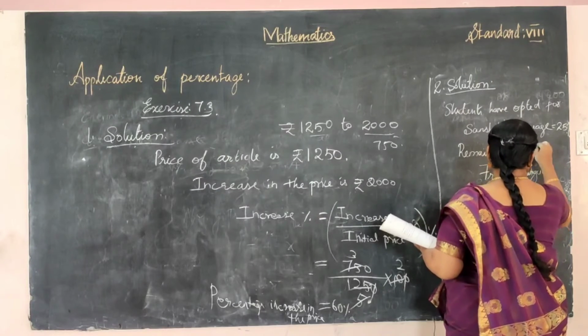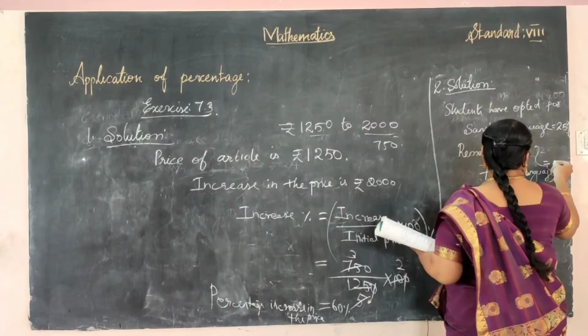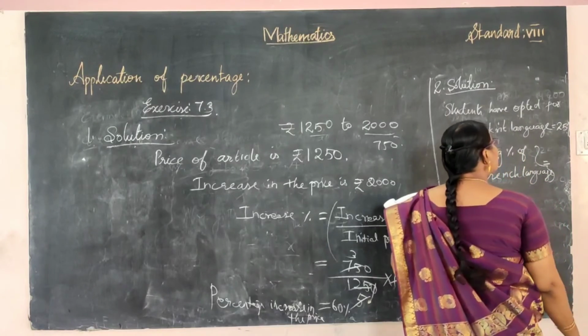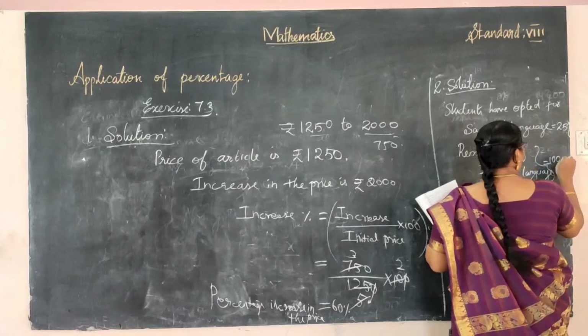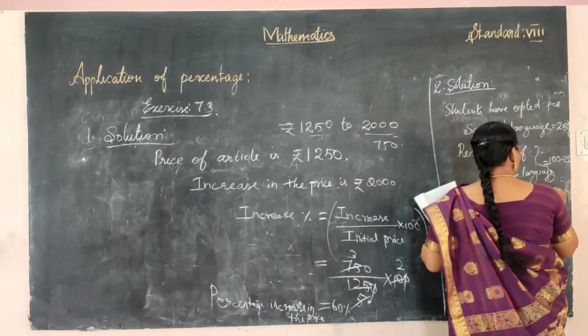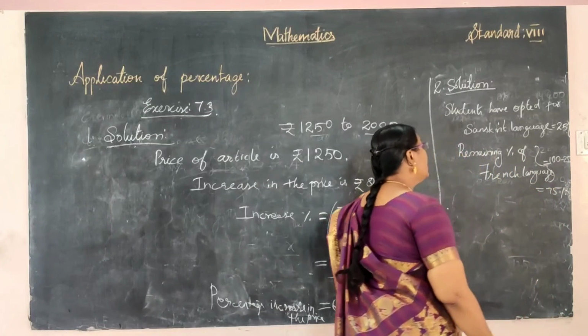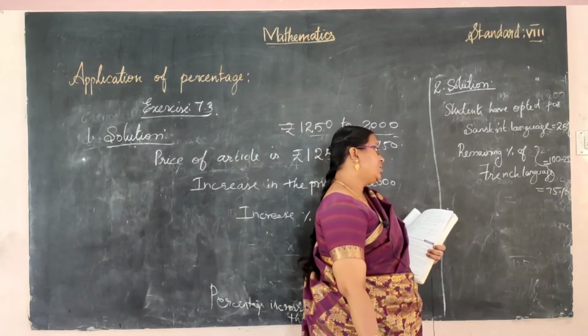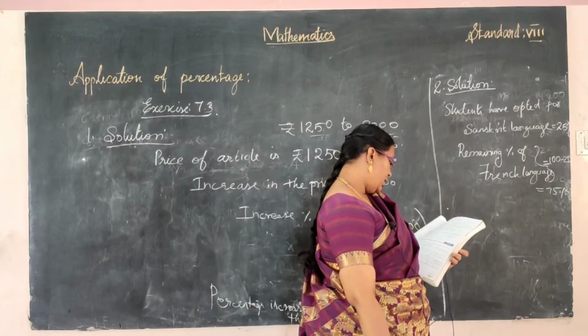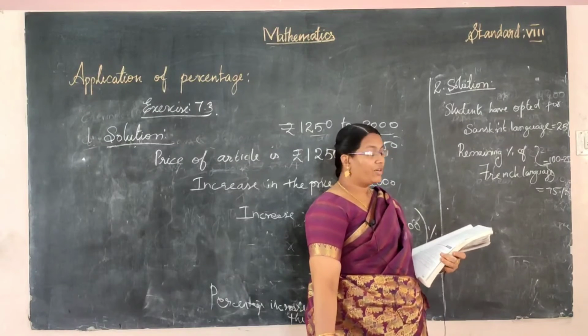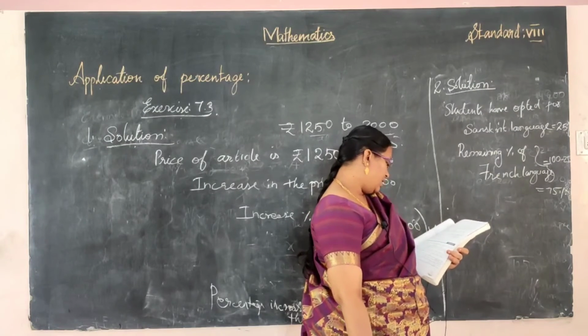It is equal to 100 minus 25, is it? 100 minus 25, we get 75%. So the remaining 75% is in French language. The remaining students opt for the French language, that is the 75%.